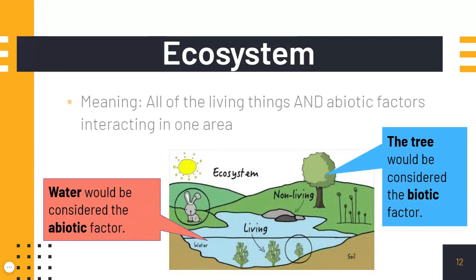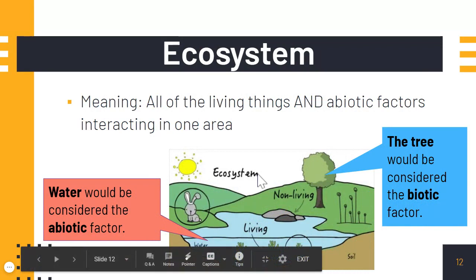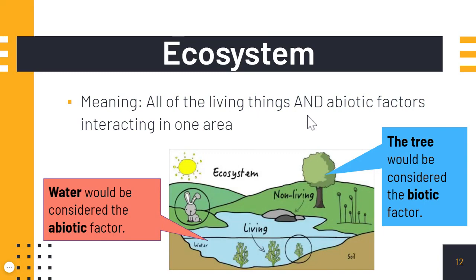An ecosystem, all living things, and it includes the abiotic factors as well as the biotic factors. So it would be the rabbit living near the water and the tree in that temperature where the sun is. That's an ecosystem.